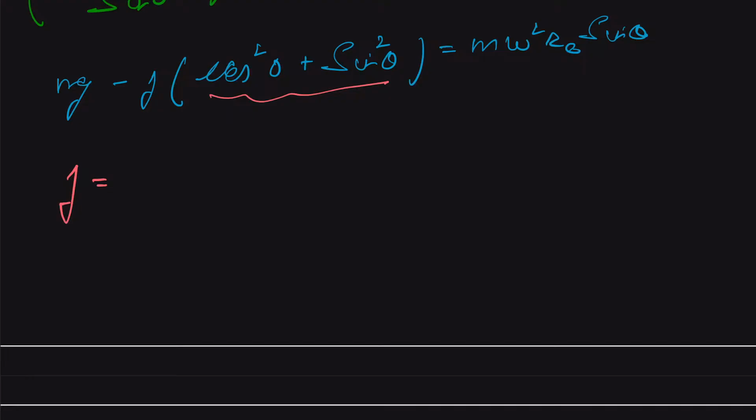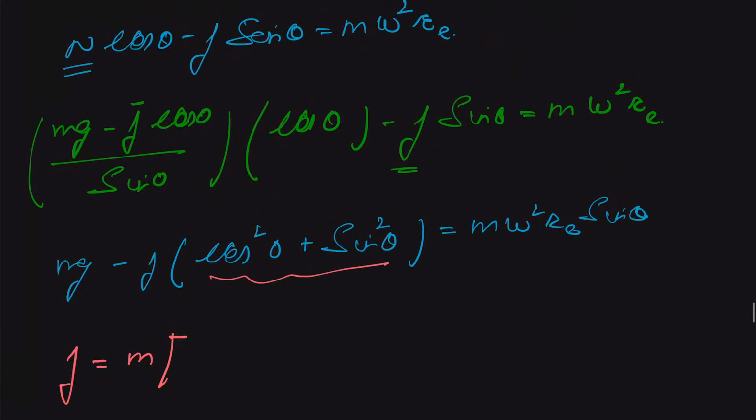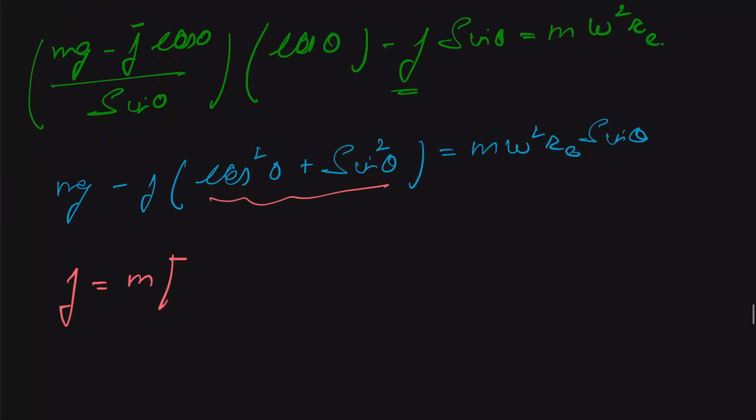we can write this as M, we can take as common, and we get this as G. One second. F. Okay, yeah, this is 1. So it comes as M, and I think I missed something. Yeah, I missed one thing, that is cos of theta.